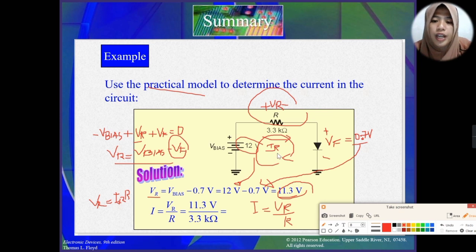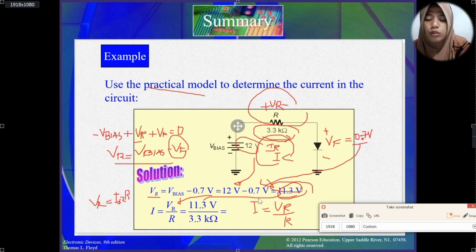Itong IF is equals to I lang yan. So, I is equals to VR over R. Kaya, ang VR natin is itong 11.3 volt, substitute lang natin dito. Magiging 11.3 volt over the resistor natin which is 3.3 kilo ohm.